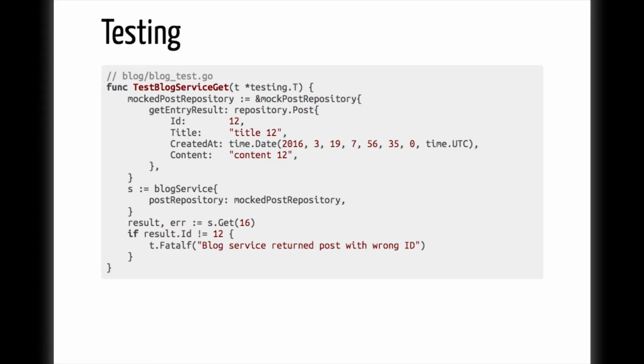Now we put this mocked post repository into our blog service and call get 16. I deliberately made the output very predictable in this case, as it should be.